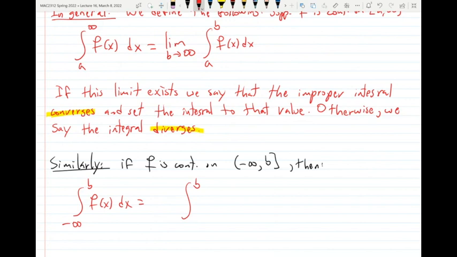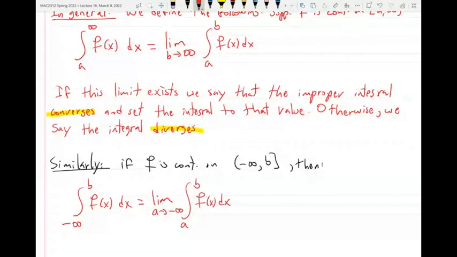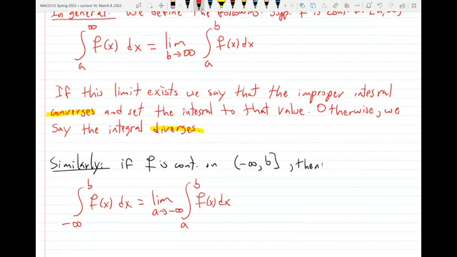So instead of negative infinity, we can put an a here, right, and calculate our integral, but then we need to take the limit as a approaches negative infinity. In other words, whatever letter you pick, you can use your favorite letter. You pick to replace the infinity, then you take the limit of that. Okay, that's the point. And the same thing, if the limit exists, it converges and equals a number. If the limit does not exist, it diverges. Okay?